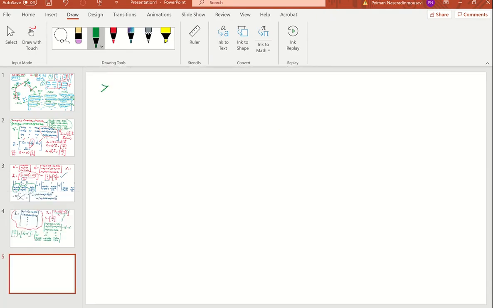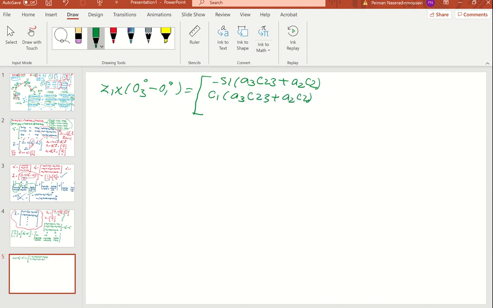The result is z1 multiplied by O3 with respect to 0 minus O1 with respect to 0, which is minus sine 1 times a3 cosine 23 plus a2 cosine 2, cosine 1 times a3 cosine 23 plus a2 cosine 2, minus a3 sine 1 square sine 23 minus cosine 1 square s prime 23 minus a2 s2.